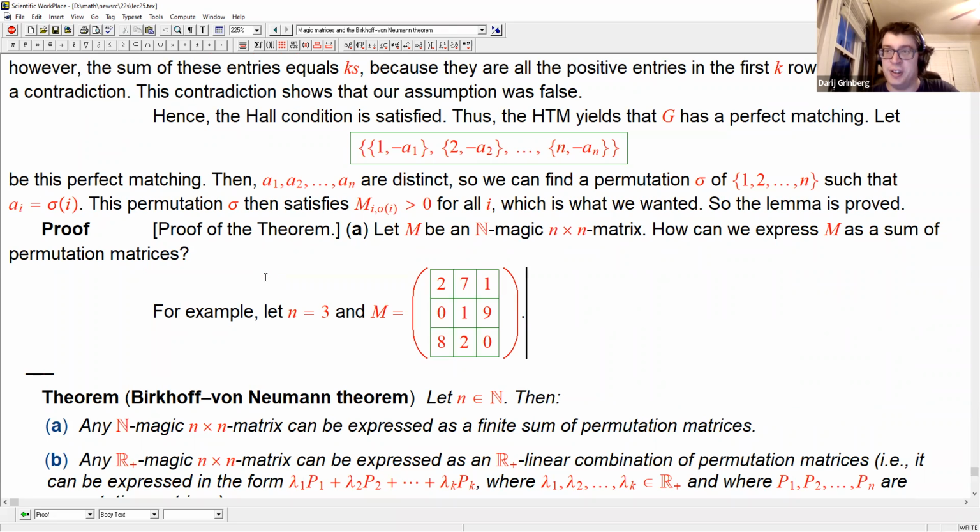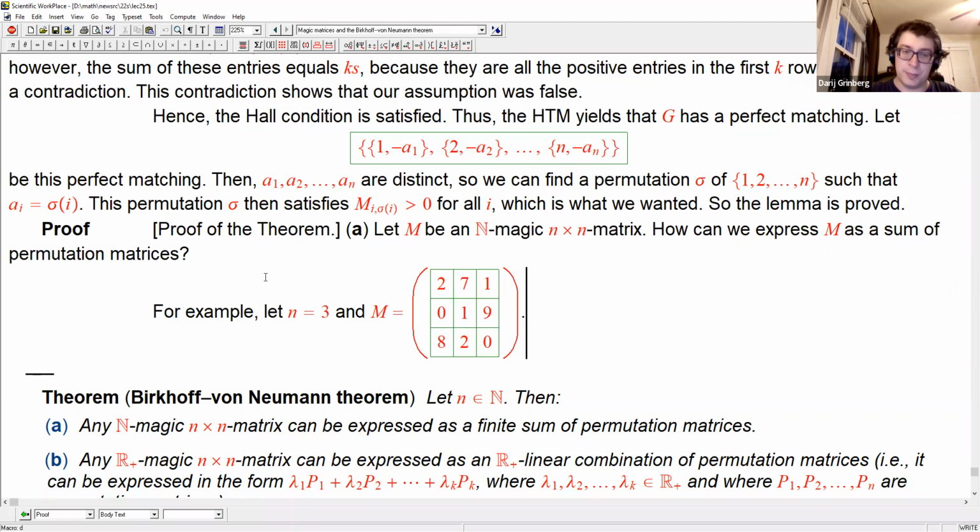You try to start with the first element. Find a permutation matrix that you can subtract from M in such a way that the result will still be n-magic. Well, first of all, the result will clearly satisfy the conditions that the sums will be equal. The only problem that you could get is that some of its entries could no longer be positive or non-negative.